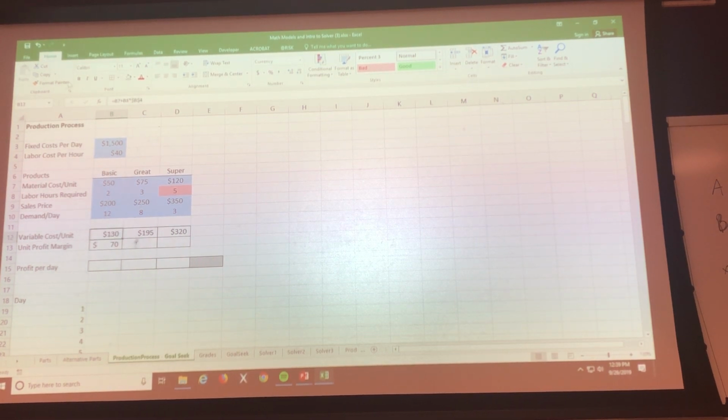And gosh, that would drive me insane. Let's fix that. Okay, and then I'm gonna copy that across, and you can see what the unit profit is for each of them. They're all profitable on their own, not so high profits for the super. You can see that a little bit.